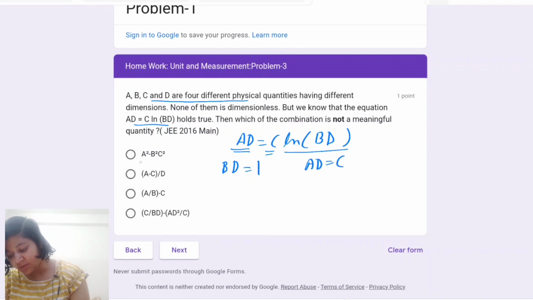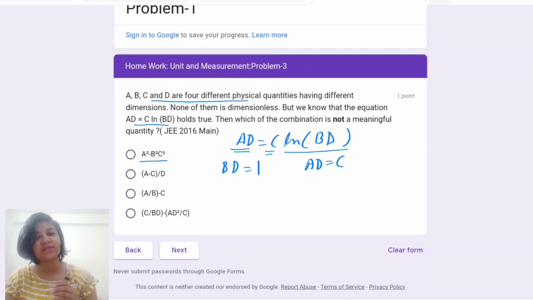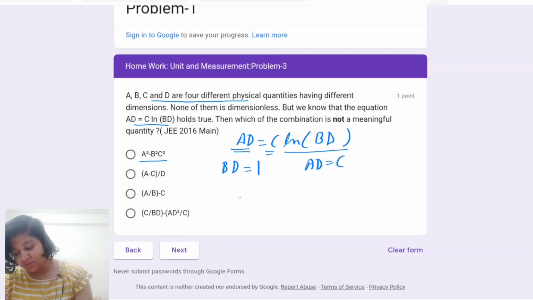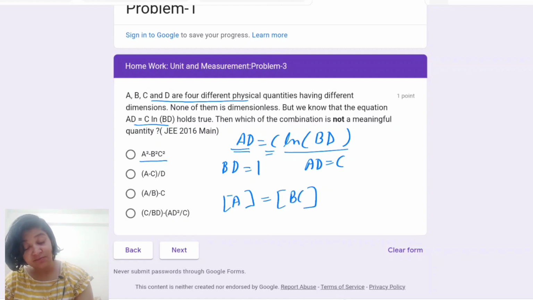Let us now look into our quantities. They are connected to each other by a subtraction sign. Therefore, the dimension of A must be equal to the dimension of BC for this equation to have a meaning. Let us now check. So the dimension of B and the dimension of C, we can write the dimension of C as the dimension of AD from this equation.